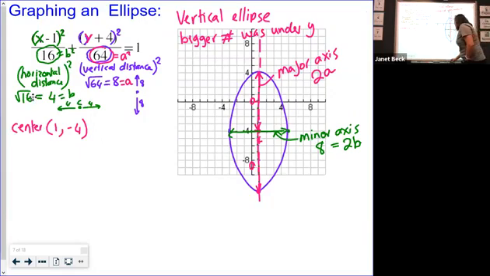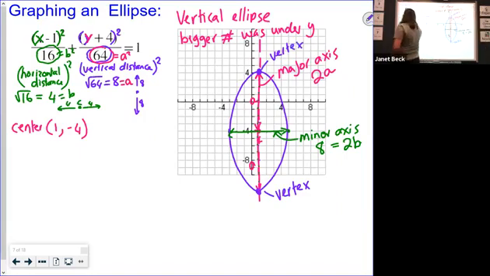Some important points on here. On the major axis, the points on the ends of your major axis are both called a vertex. So together we call them the vertices. And how we got there, we went up and down from the center.